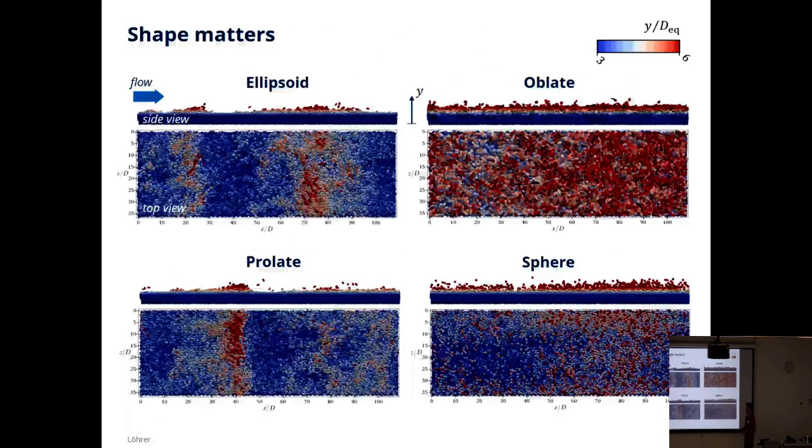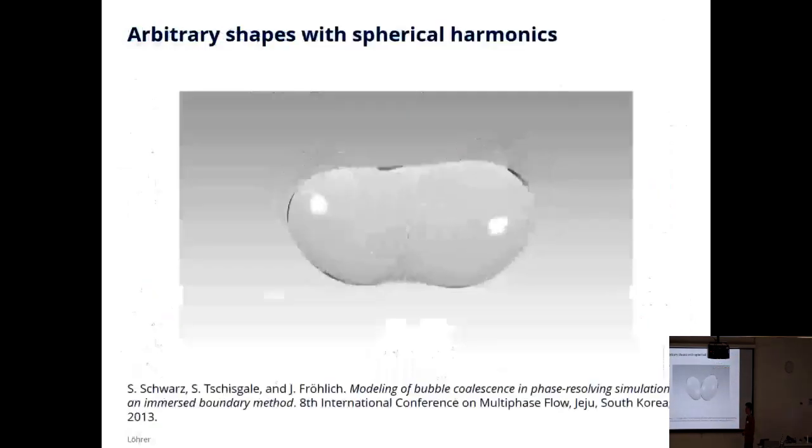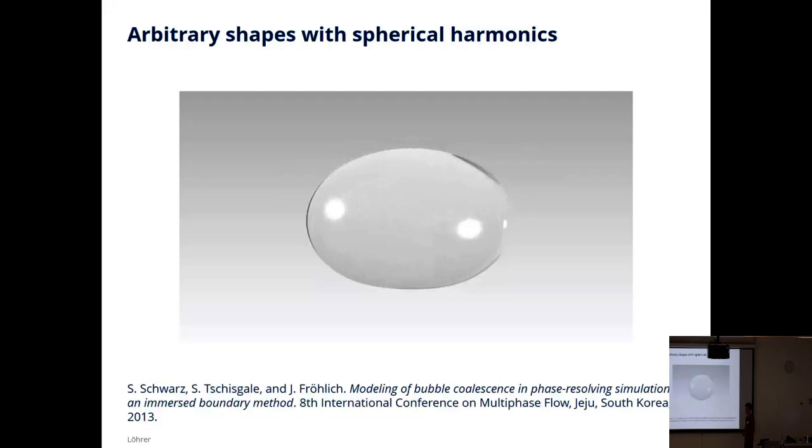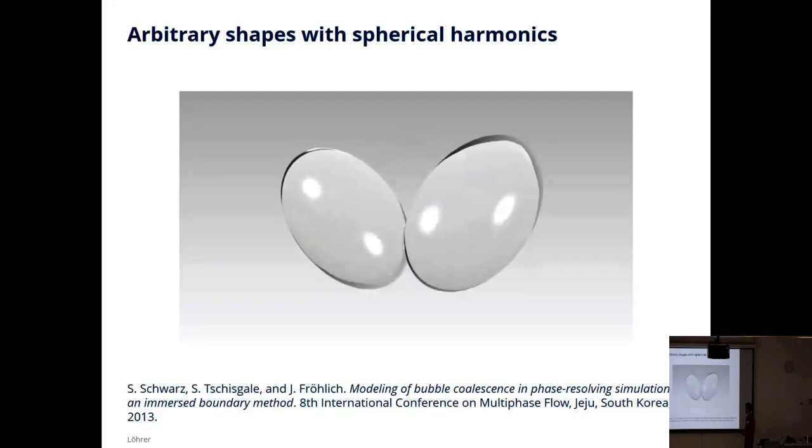We can vary the shape, which is important here. It has an impact on the dunes that we see in the simulations. And we can also have bubbles without a predefined shape.